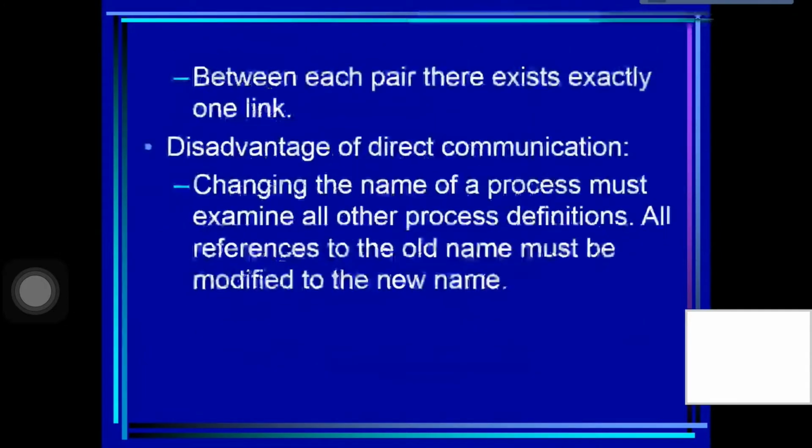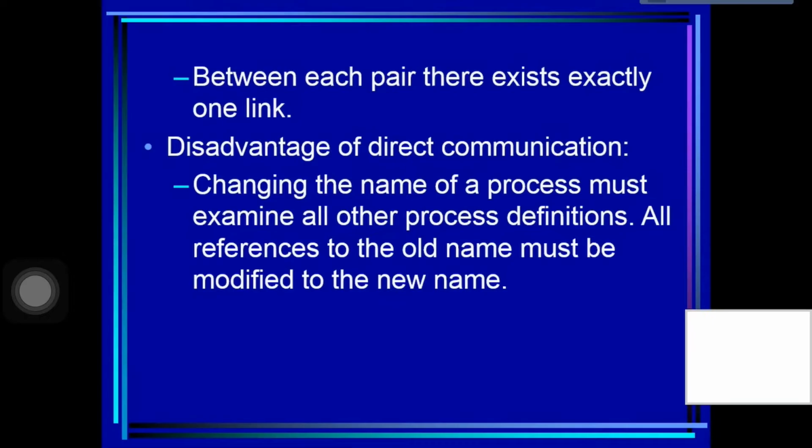Between each pair of processes, there exists exactly one link. The scheme exhibits symmetry in addressing, that is, both the sender process and the receiver process must name the other to communicate.